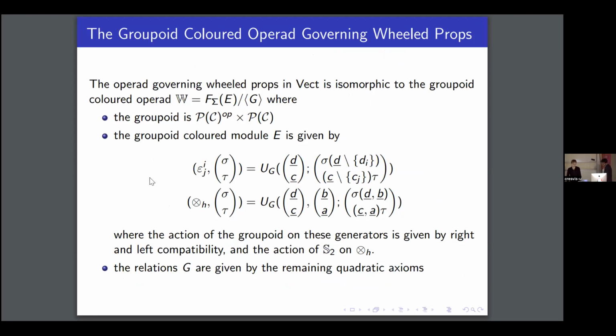Its generators of the groupoid colored module are given via the extended compositions, and the necessary actions of the groupoid on these modules are given via the left and right compatibility conditions and the action of S2. And then finally, these relations G, which I'll discuss in a bit, are given by the quadratic axioms.